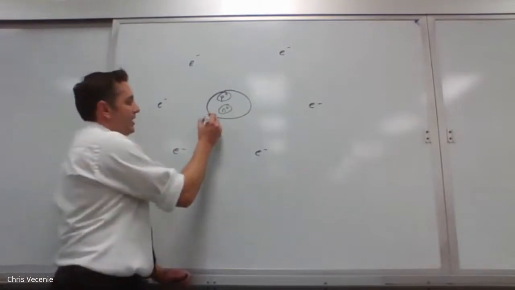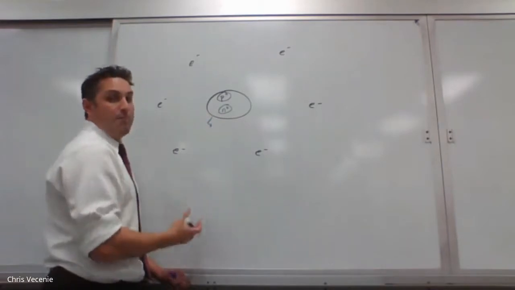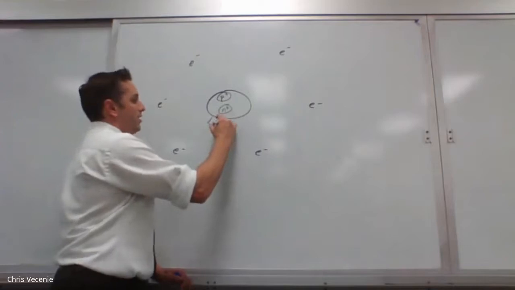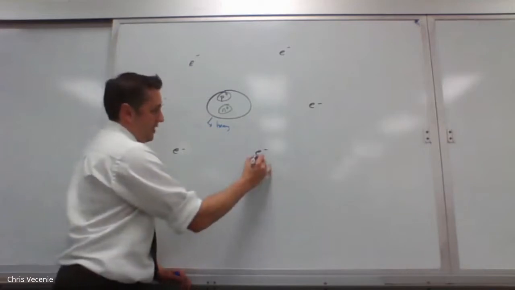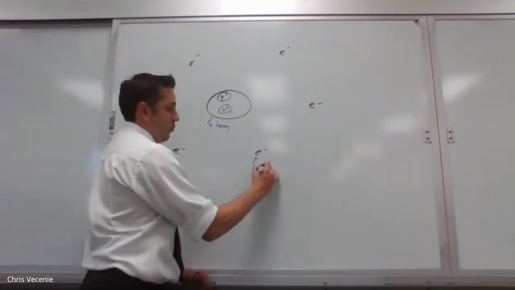Some other things, hopefully, that you will learn is about size. We know the nucleus is very tiny, but it comprises all of the mass. All of the weight of the atom is in the protons and the neutrons. So these are very heavy. The electrons out here, by comparison, are essentially weightless.